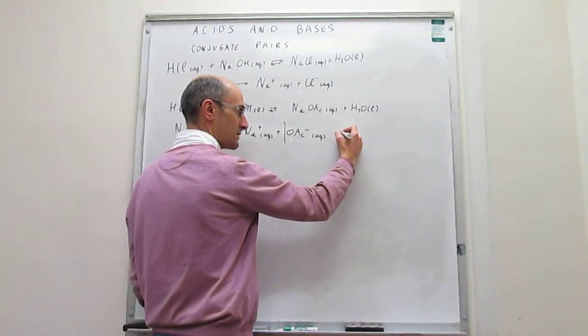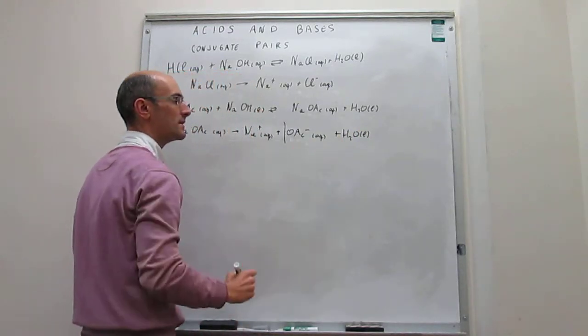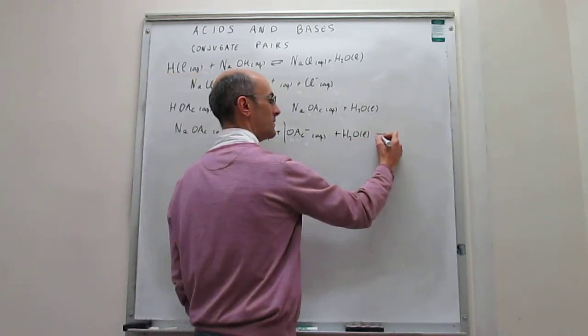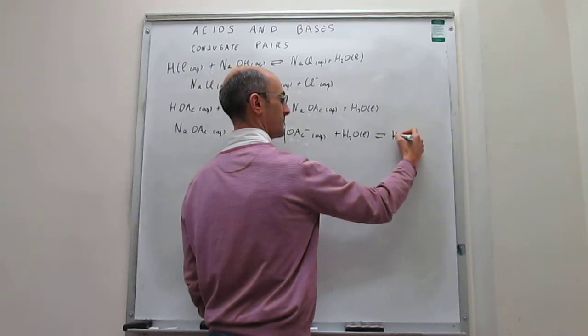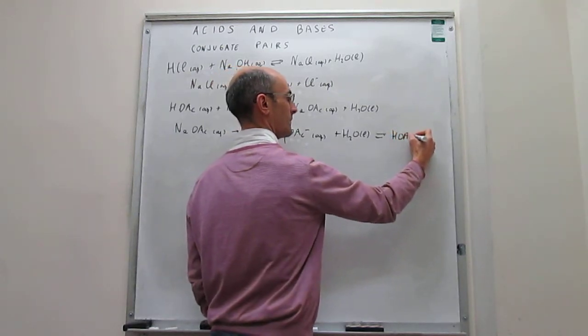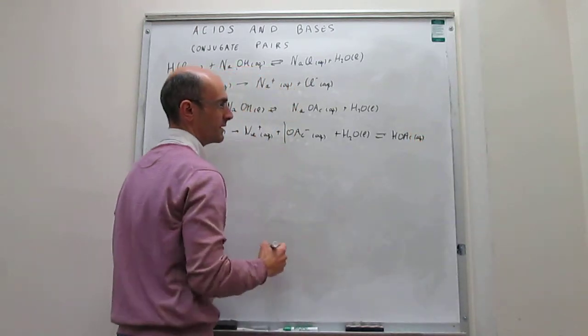So when we actually put this in water, what will happen is that, because this is a base, you can generate here acetic acid, and then the other product will be hydroxide.